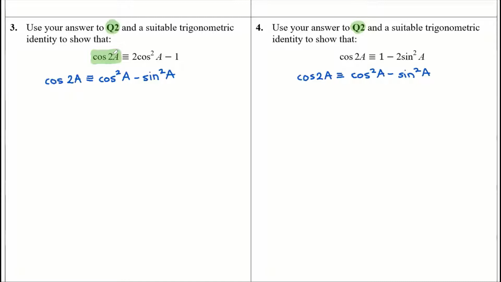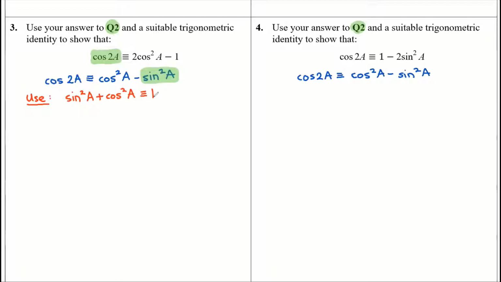Well, if we look at our toolkit, we've now got a new identity, a double angle identity here, and we would really, really like to replace sine squared with something in terms of cos squared. Well, we go back to our year 1 toolkit, and you'll know from experience now, we're going to use the fact that sine squared a plus cos squared a is identical to 1.